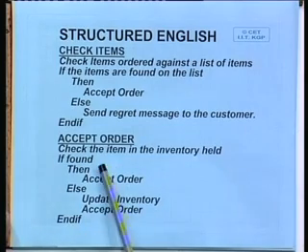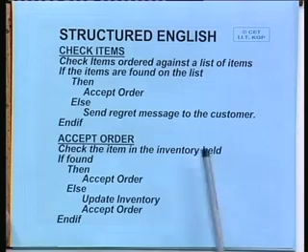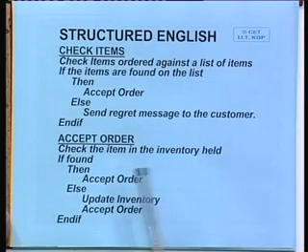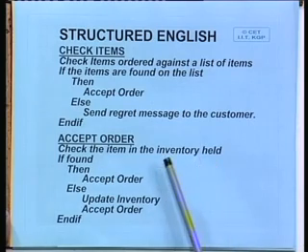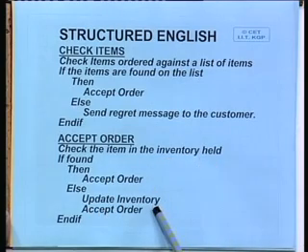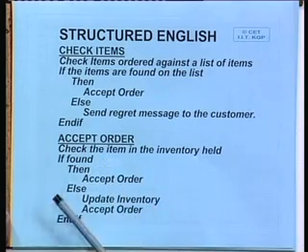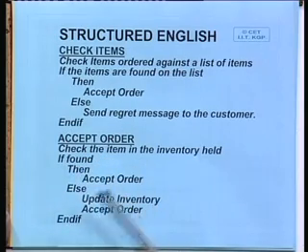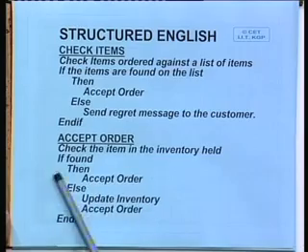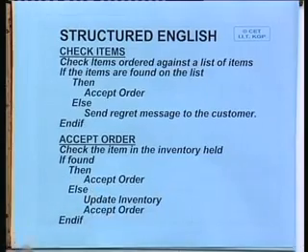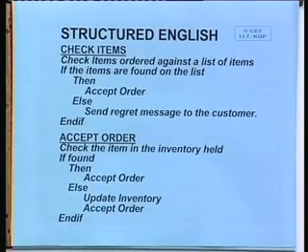Sometimes the item is actually there, but unfortunately it is not entered there. So, you may have to update inventory and accept order. This part was not there in the original model. So, this is something new that I have put here, we will discuss it later. That is the accept order part.